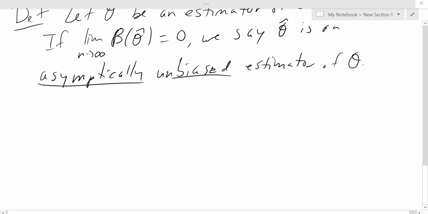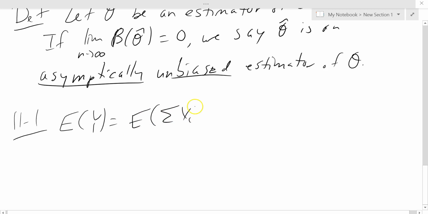So the first thing we need to compute here is the expected value for this Y. Well, the Y, again, is just the sum of the X's, and I know that expected value breaks up over sums. In a perfect world, we would want this to turn out to be theta, right? Because the bias will be 0.